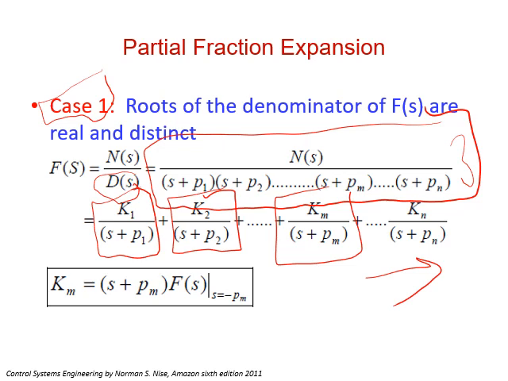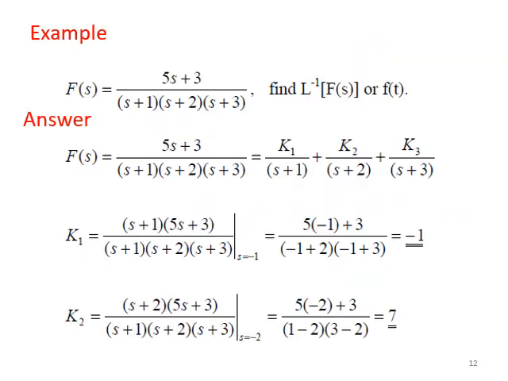Now to calculate any of these constants, k1, k2, k3 until kn, we are going to apply this idea: km is equal to s plus pm multiplied into the whole function, and we solve it at s equal to minus pm. Let us see this in the next example.